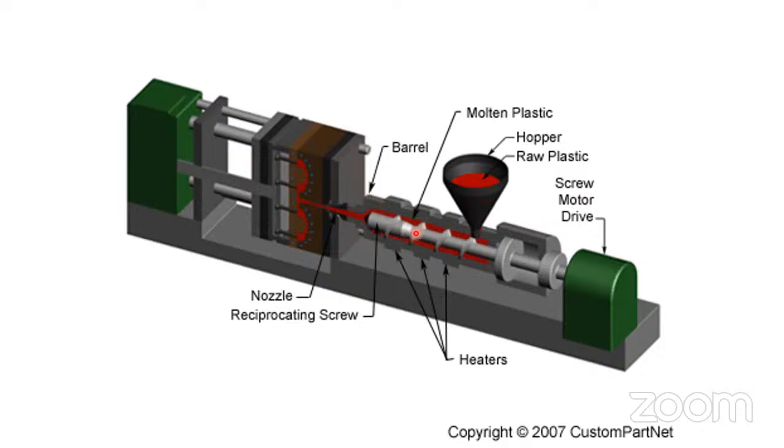It will just push the material in this direction. While going forward, the injection is done only by pushing, not a single rotation of the screw.